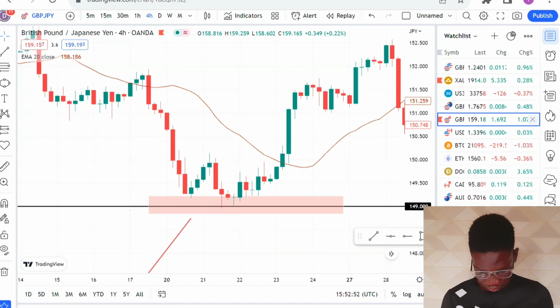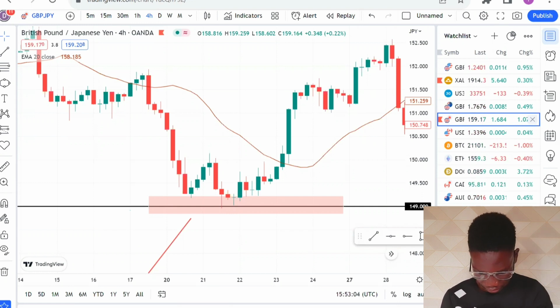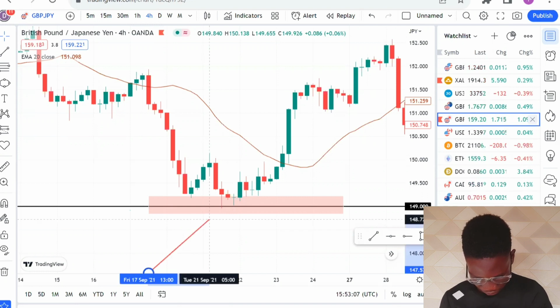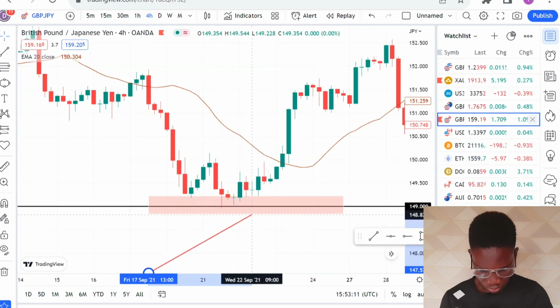An example of the multiple candlestick rejection is just here. Like I previously said, at a psychological level there are mostly rejections of candles, like a bounce off here. We tested this one before the initial pull up.